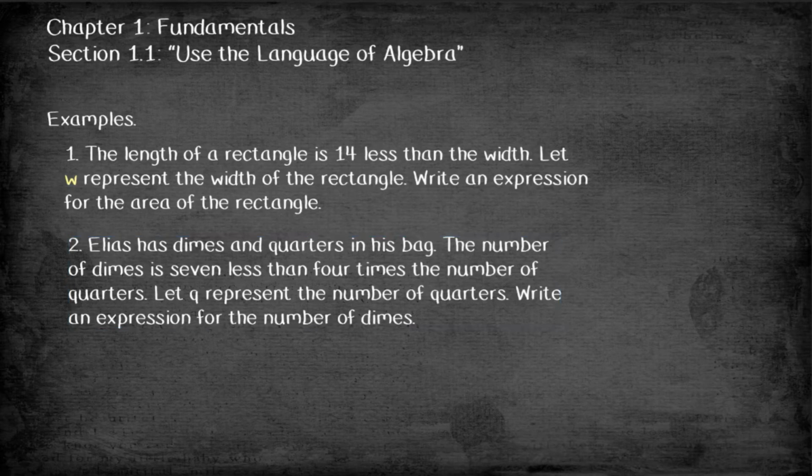All right, now Elias has dimes and quarters in his bag, and the number of dimes is 7 less than 4 times the number of quarters. Let Q represent the number of quarters, write an expression for the number of dimes. So it seems kind of intimidating because there's a lot of text here, but let's break it down.